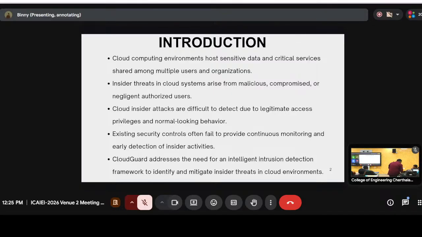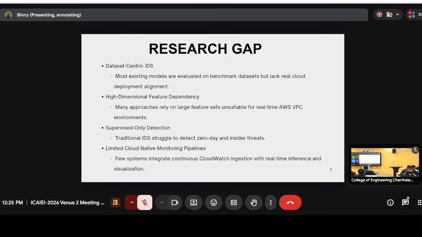Traditional security systems rely on static rules and signature-based detection, so they often fail to model the behavior of the user, detect subtle privilege misuse, and identify insider attacks. So to overcome these limitations, we developed CloudGuard, a behavior-aware cloud-native intrusion detection system.